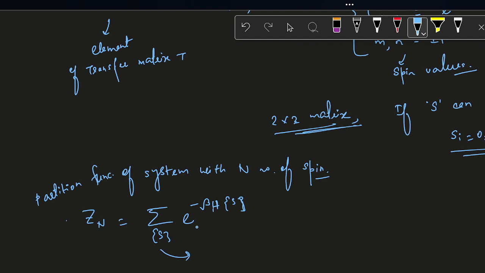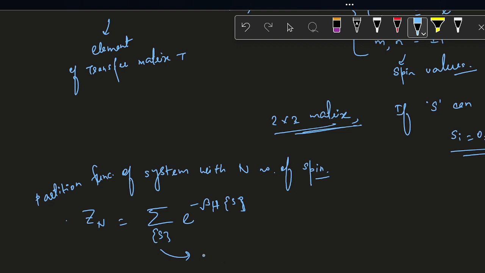Even if each spin can have two possible values, 0 and 1, in a configuration of n spins they can be arranged in many ways: your first spin can take the value 1 and the second spin the value 0, or the other way around, or both spins can take the value 1. Similarly, you have n spins in your system, each taking two possible values, so there can be many configurations for the total spin system, and that is what we denote by the curly bracket in S.